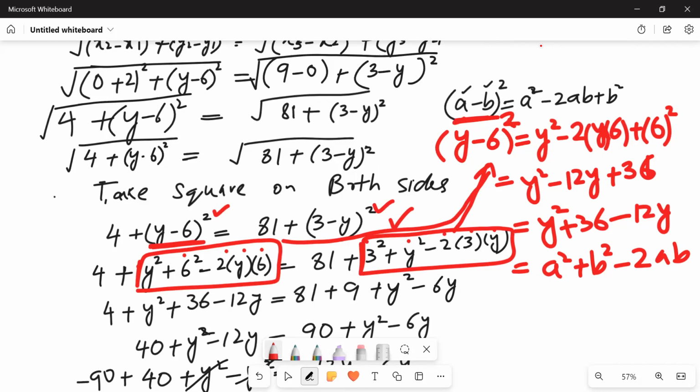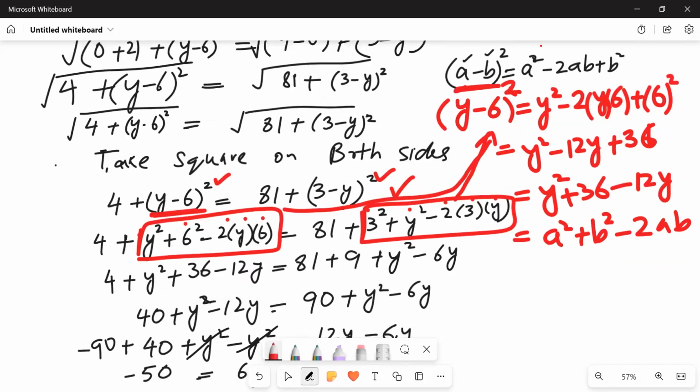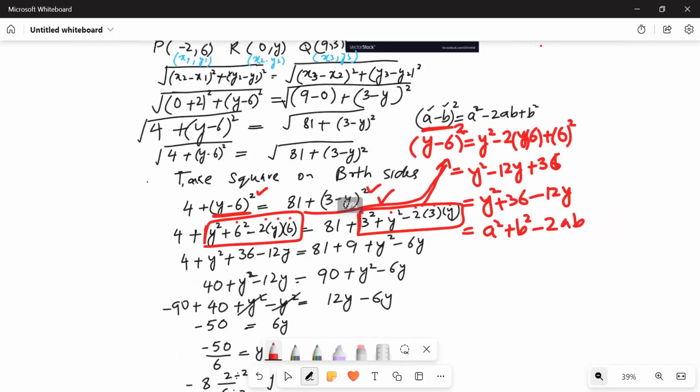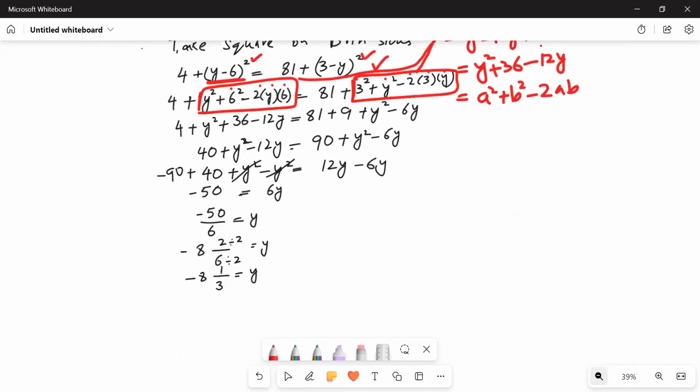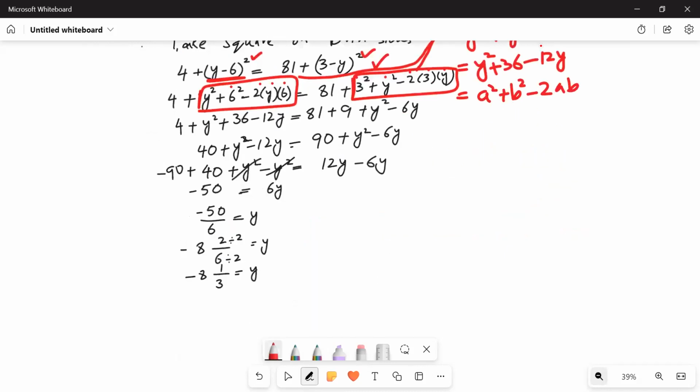Yes. Any other question? Miss, I'm done. Can you show me the answer part? Second part? Okay. The answer is: the y point is, R point is 0 and 8/3.